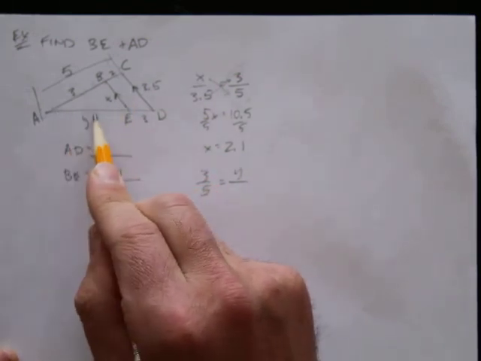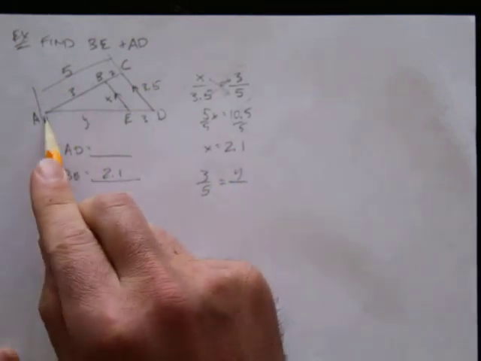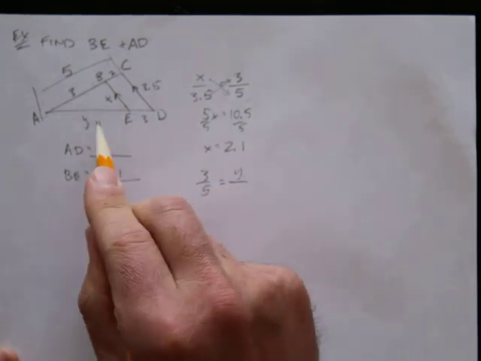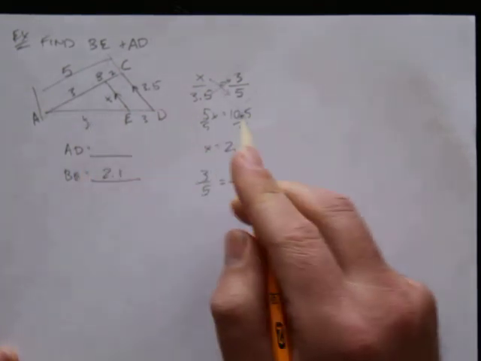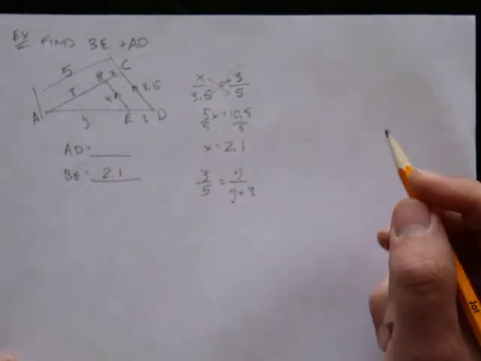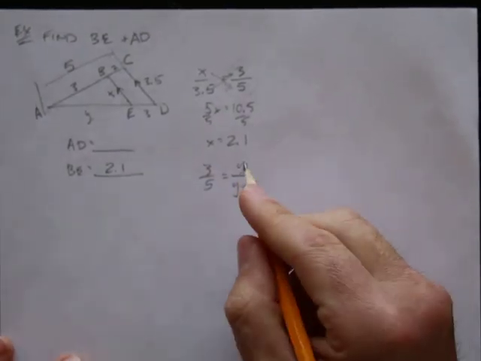Now I need the longer side for the denominator. The longer side is Y plus 3. Gross, but we could still make it work.